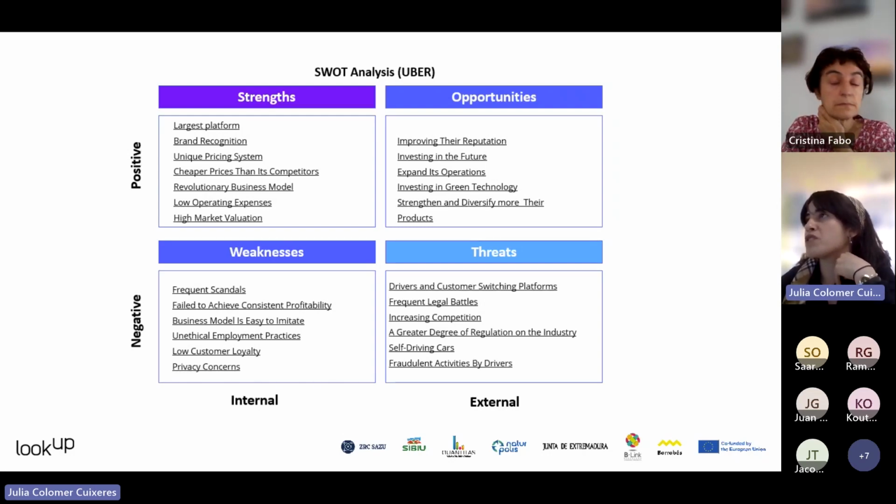I mean, they are quite famous and popular. Unique pricing system. This can be discussed, but supposedly they have the cheapest prices compared with the competitors. It's a revolutionary business model, and yes, it has low operating expenses and high market valuation.